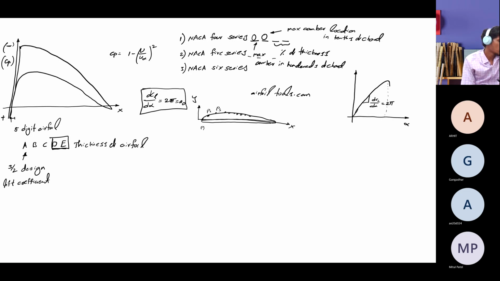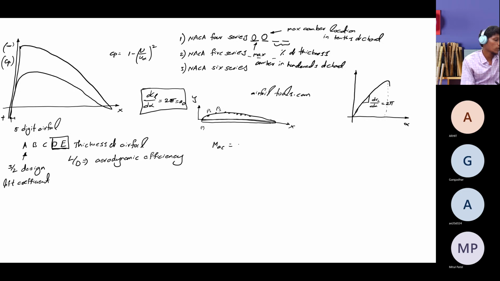And we have aerodynamic efficiency. Aerodynamic efficiency is nothing but the ratio of lift to drag, which also varies with the angle of attack. And then the moment about the aerodynamic center.